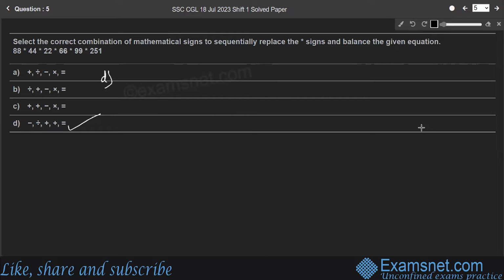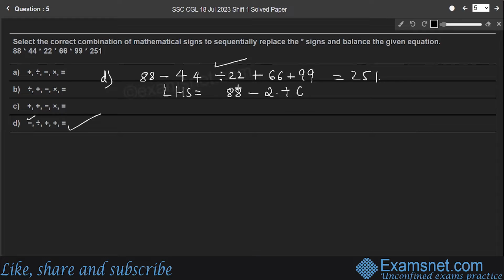We'll verify it. So 88, first asterisk should be replaced with minus 44 divided by 22 plus 66 plus 99 is equal to 251. Consider left hand side. We are following the BODMAS rule, so division comes first. 88 minus 44 by 22 is minus 2 plus 66 plus 99.